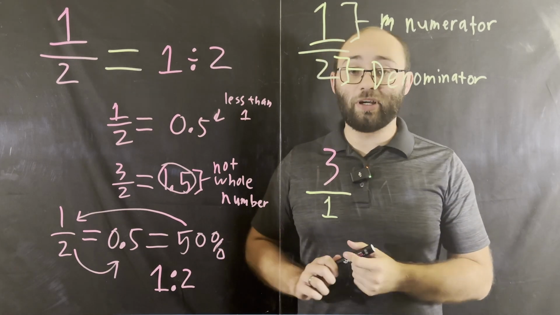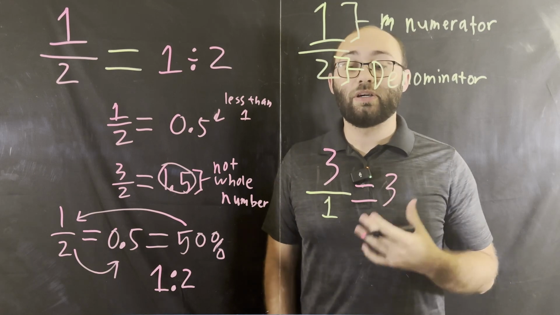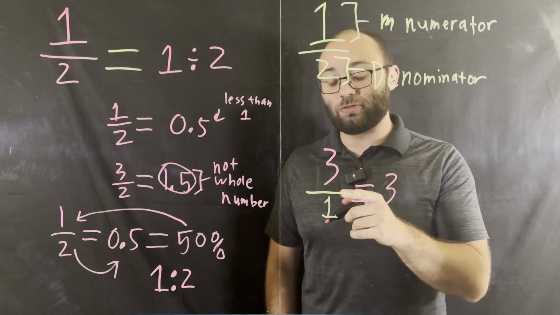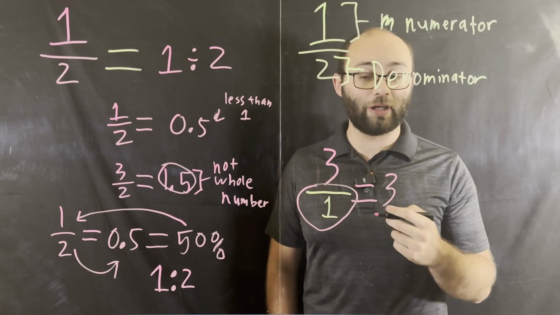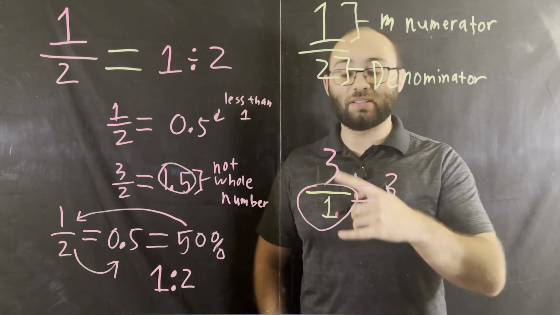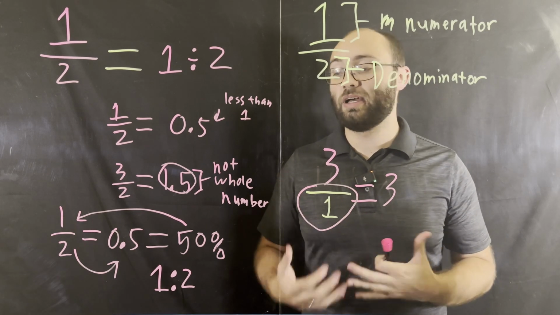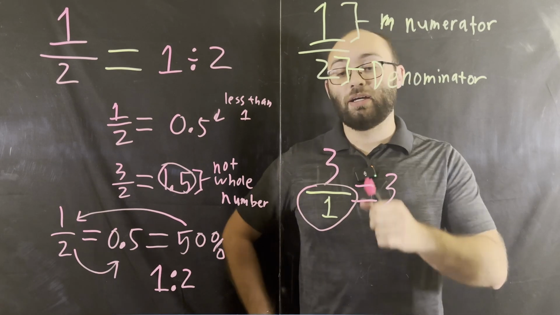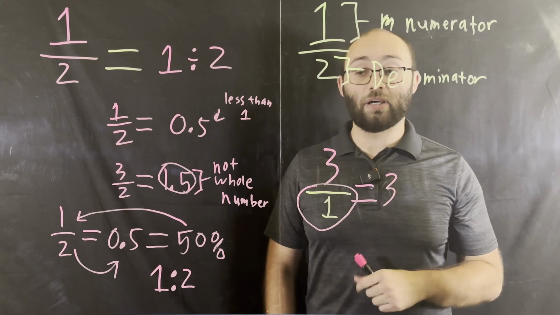Anything divided by 1 is itself. So we don't normally write this 1 underneath because it's the same thing as just writing 3. But this idea is important to keep in mind, as sometimes you need to be working with a fraction. And anytime you need a fraction, you can take a number and put 1 underneath it.